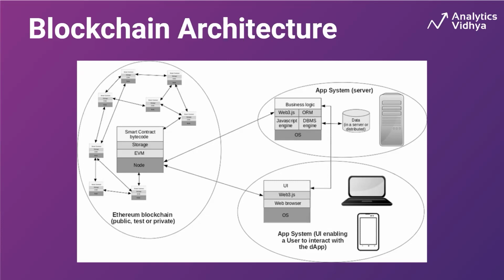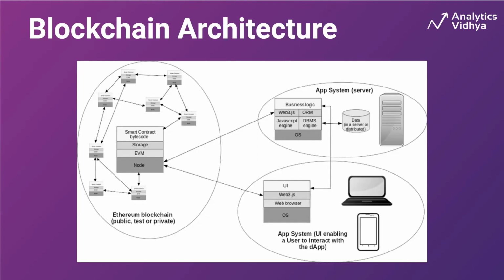So when the front end user is calling with the help of web3.js, that functionality is called from the blockchain, and that blockchain data, or the updated data, will be connected with our traditional backend system, which you all know as the database management system.